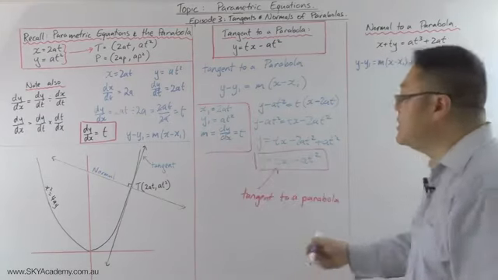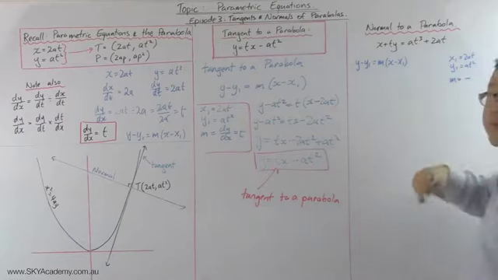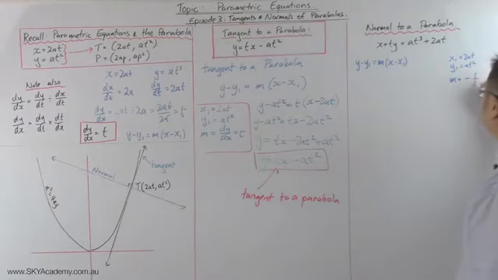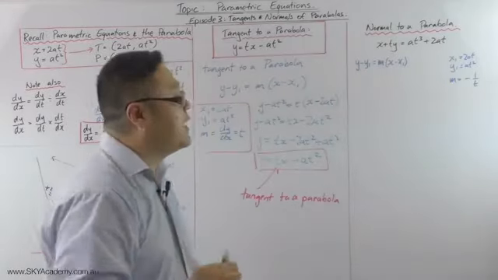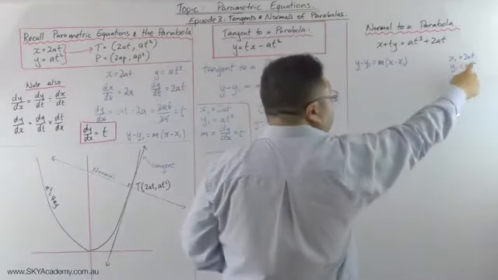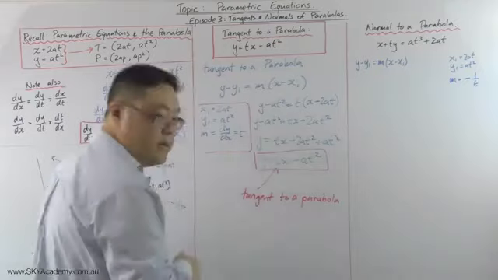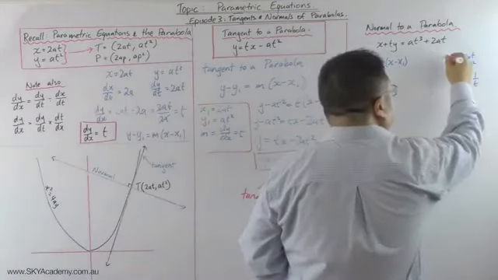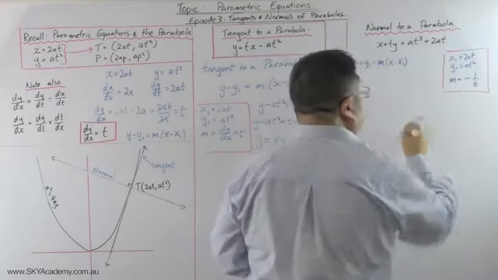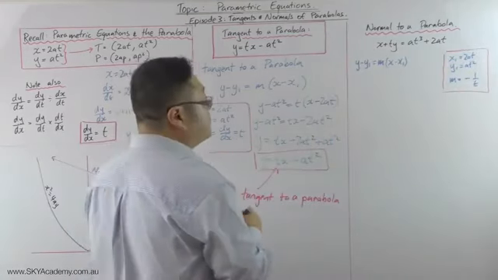Negative reciprocal, so it's going to be minus, and the reciprocal is 1 on t. Minus 1 on t is going to be your gradient. Does that make sense? Okay, so when you substitute all of that in, and I'll put this in a little red box, this is what you should get.